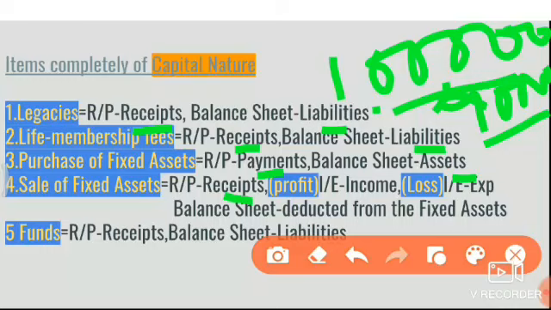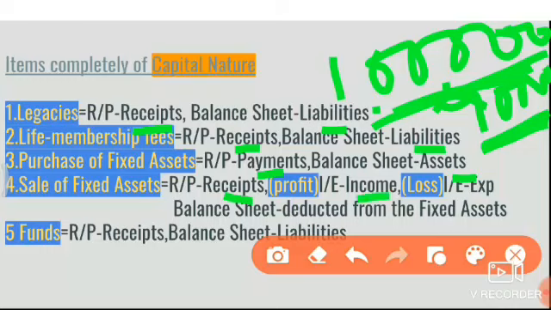Now in the income and expenditure account, only the profit which is made during the sale of the asset is shown. For example, if the profit here is 10,000 rupees because the cost is 90,000 and it is sold for 1 lakh rupees, then in the income and expenditure account, this profit will be shown in the income side.